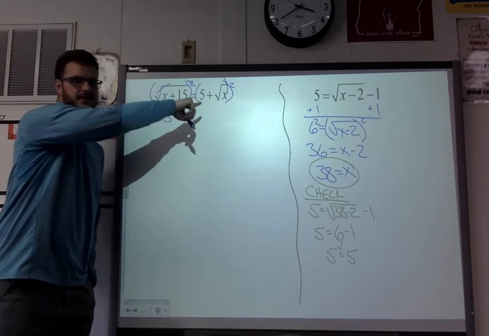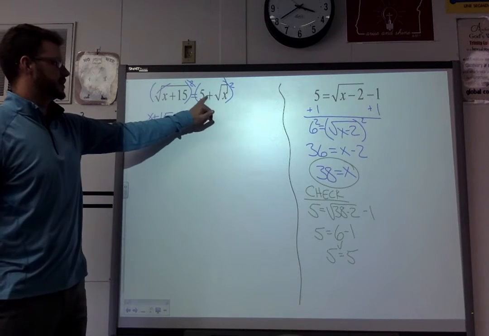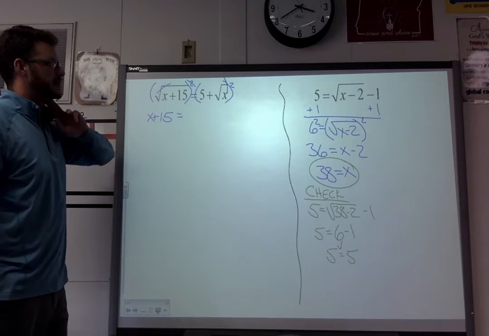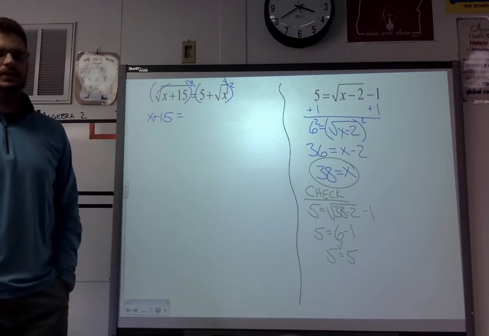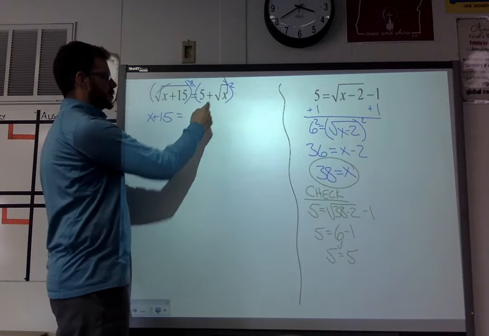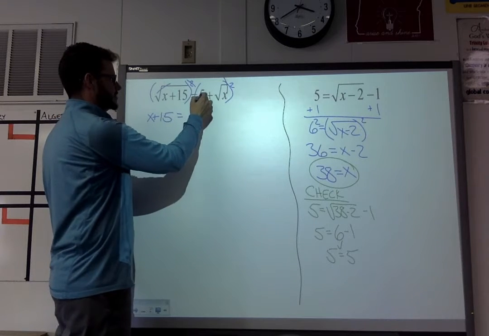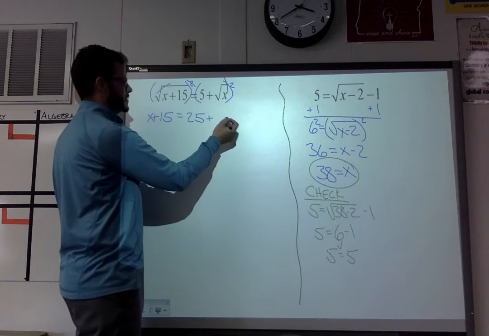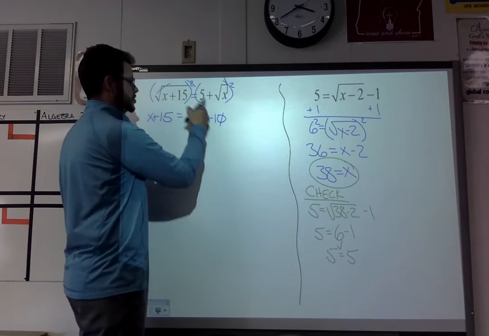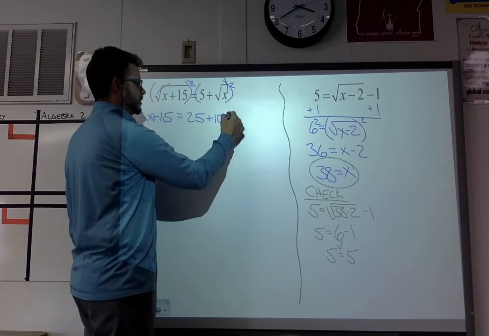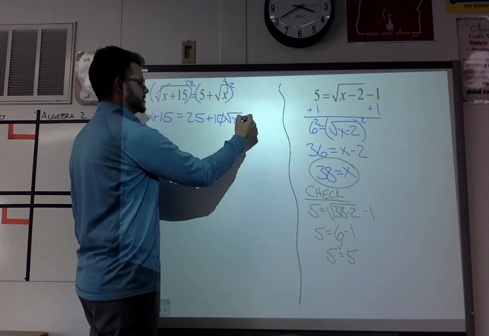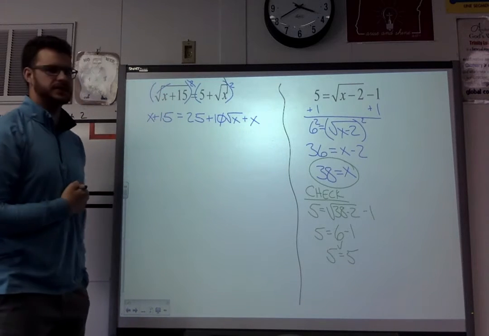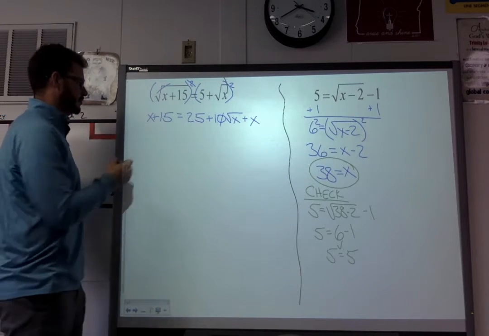Now on the last one we did, since we were squaring a difference, it was a squared minus 2ab plus b squared. Here, since we're squaring a sum, it's going to be a squared, which would be 25, plus 2 times a times b, which is 2 times 5 is 10, times the square root of x, plus b squared, which would be x in this case. Then we just need to solve.